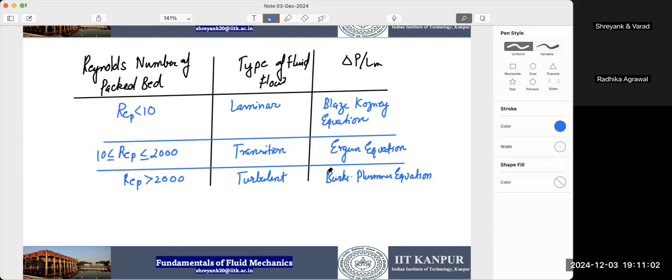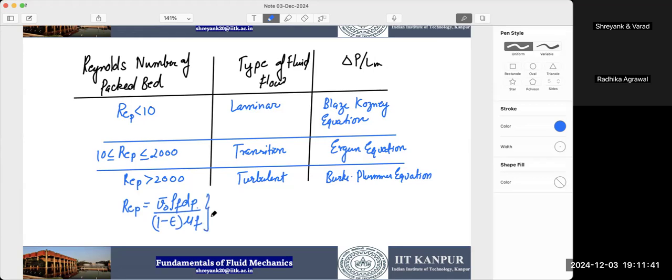Okay, so the Reynolds number of the packed bed can be written as rho f into dp into the velocity of the fluid flow, the superficial fluid velocity, which will be given to you, divided by 1 minus epsilon into mu f. So this is the particle Reynolds number of the packed bed.